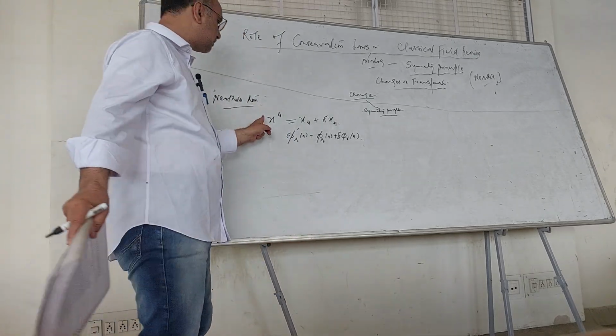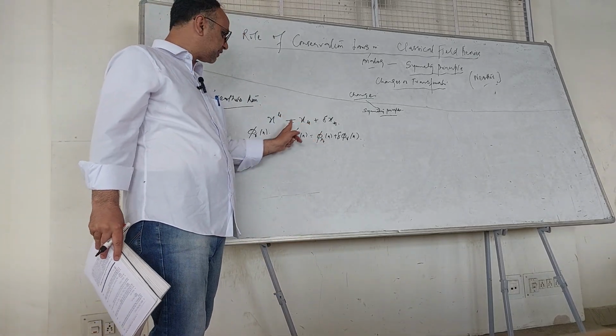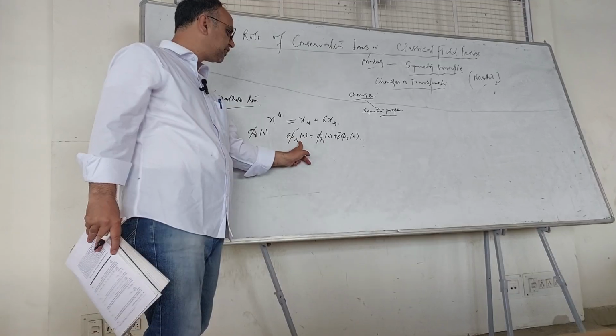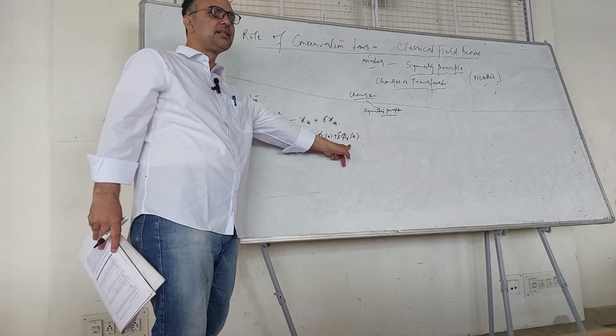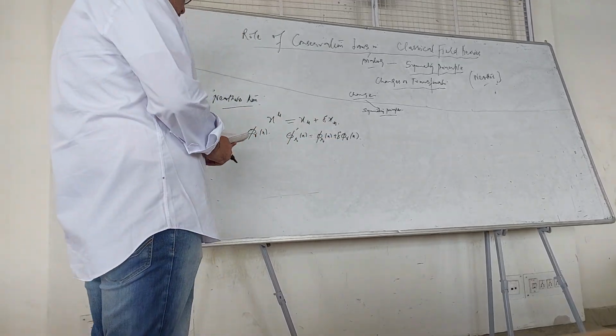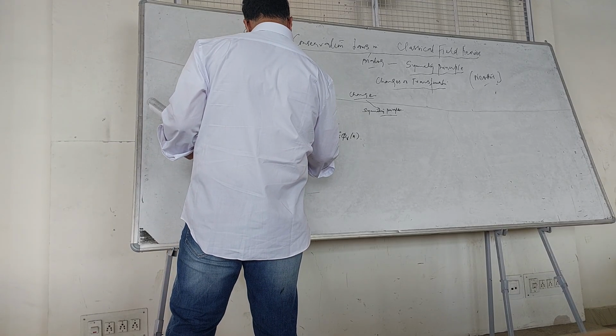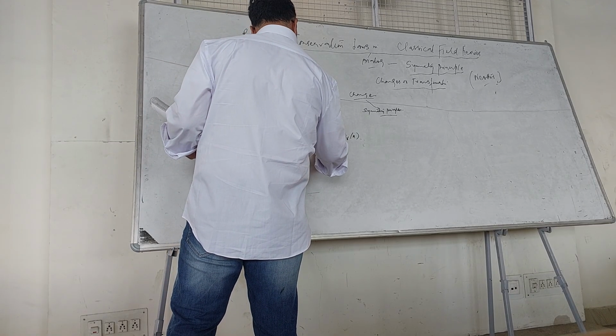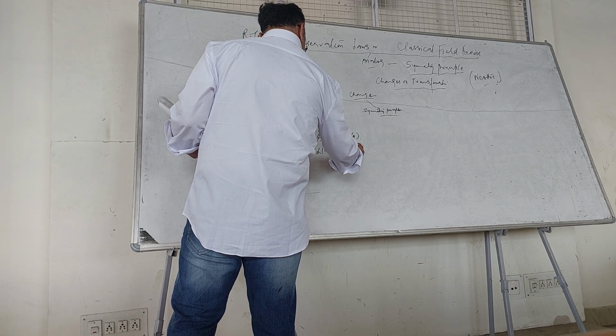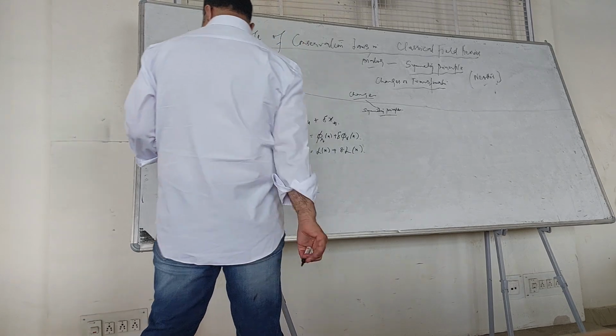So some change in the coordinates gives a corresponding change in the fields. Now the change in the Lagrangian is like this.